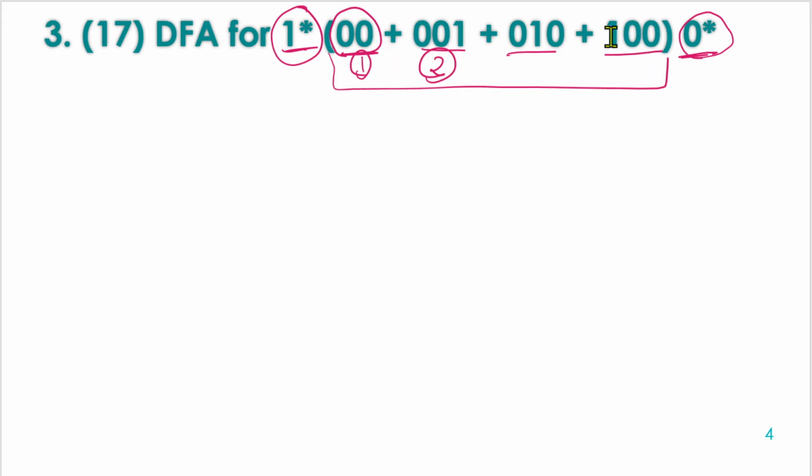So exactly one pattern exactly one time is a must for accepting the string, and the starting ones and ending zeros are optional, right? So we must receive either this pattern, or this pattern, or this pattern for acceptance. In the end we can have any number of 0s, and in the start we can have any number of 1s.